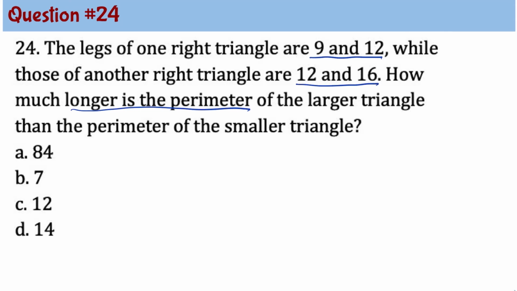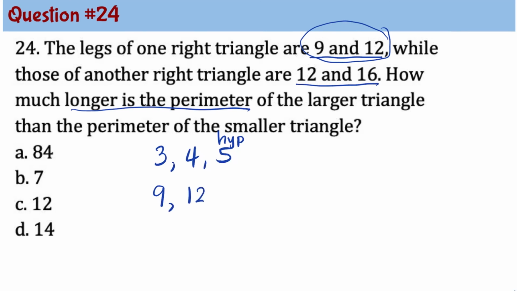The basic Pythagorean triple is 3, 4, and 5. And these are the sides of a right triangle, and the hypotenuse here is the largest number, which is 5. So, the given problem says that one triangle has legs 9 and 12.